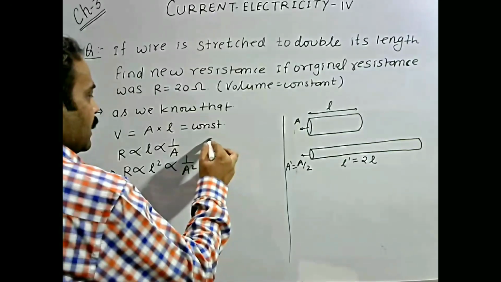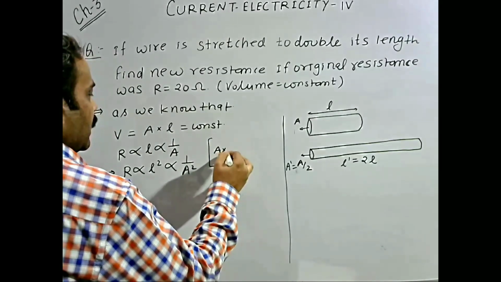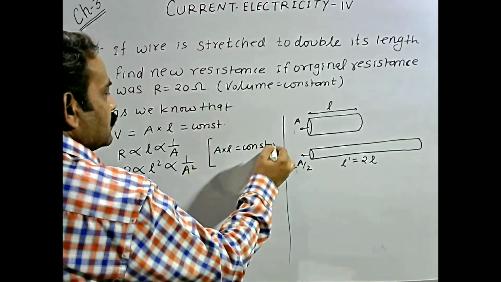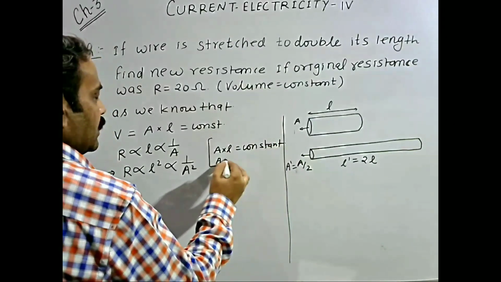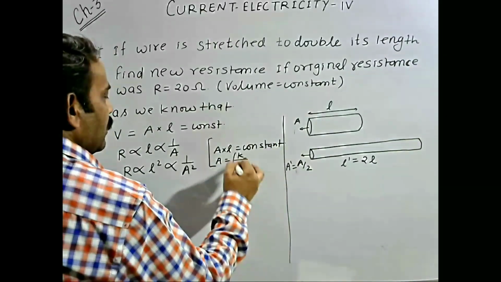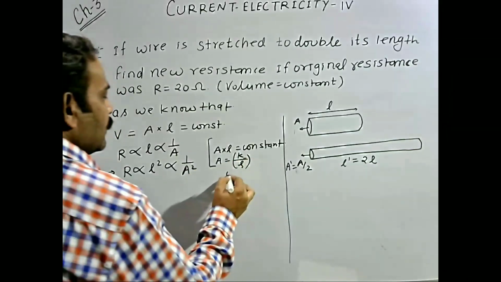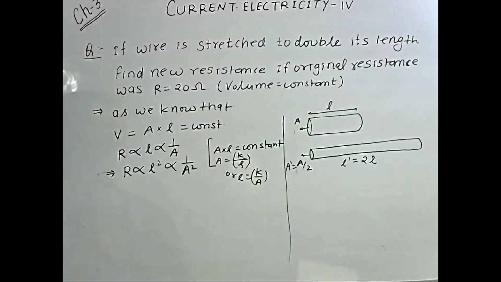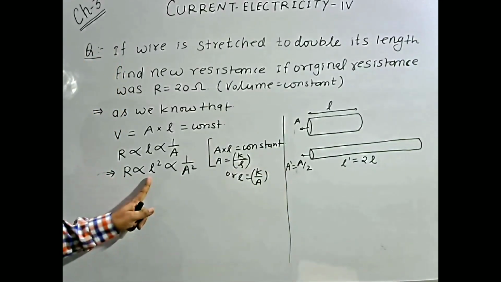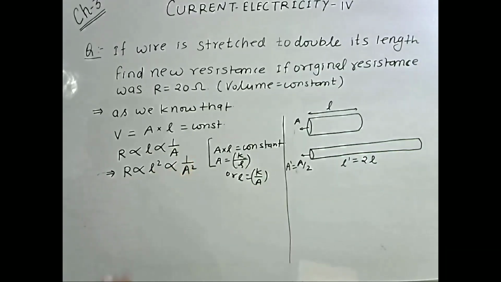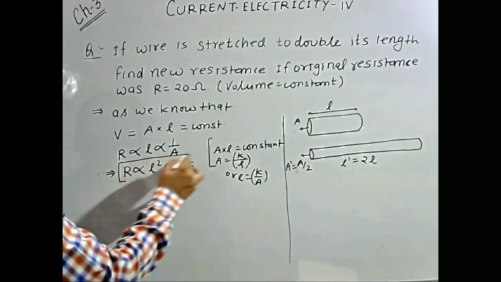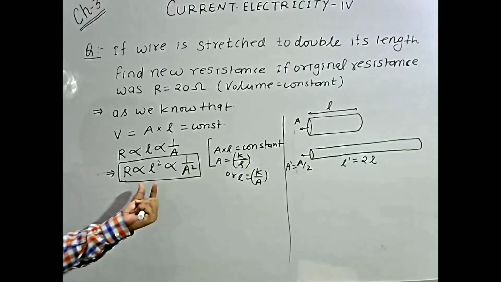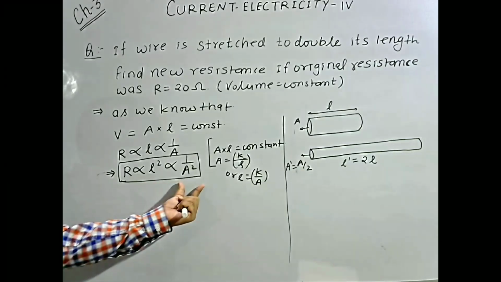Understand why? As we know that A into L remains constant. Clear? So A is equal to K by L, or L is equal to K by A. K is removed, so L is inversely proportional to A, R is directly proportional to L square, and inversely proportional to A square. So in short, you can keep in mind R proportional to L square when volume is constant, and R is inversely proportional to A square.